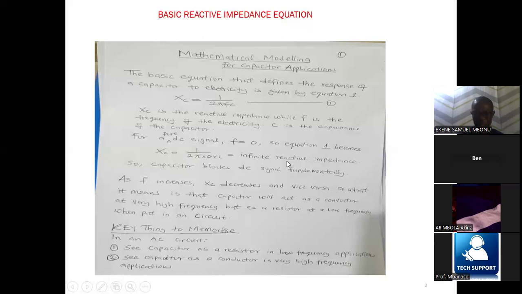What it means is an open circuit in practical terms, and so it blocks DC permanently or fundamentally. But as f increases, Xc decreases because Xc is inversely proportional to f. So what it means is that a capacitor will act as a conductor at a very high frequency.